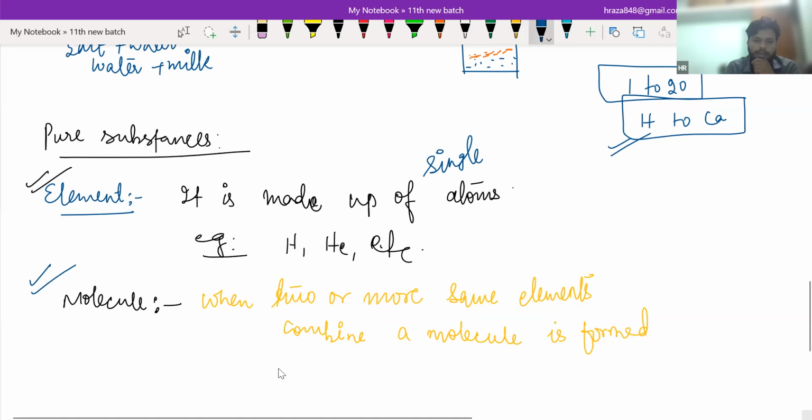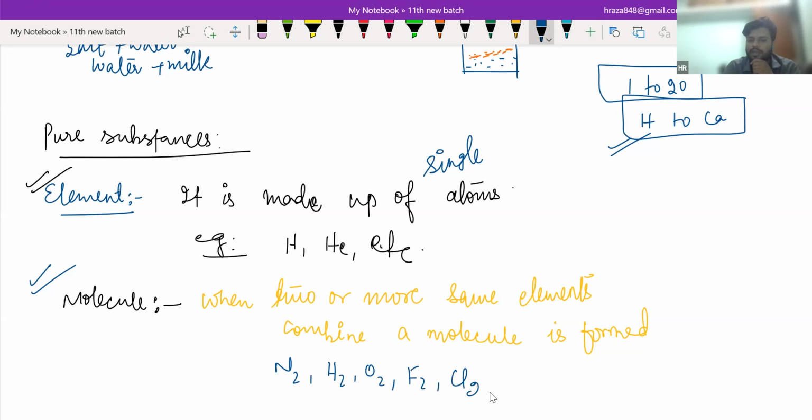You have seen N2, H2, O2, F2, Cl2. These are all molecules. You will also see P4, S8, O3. These are also basically molecules. When the same element combines, a molecule is formed.